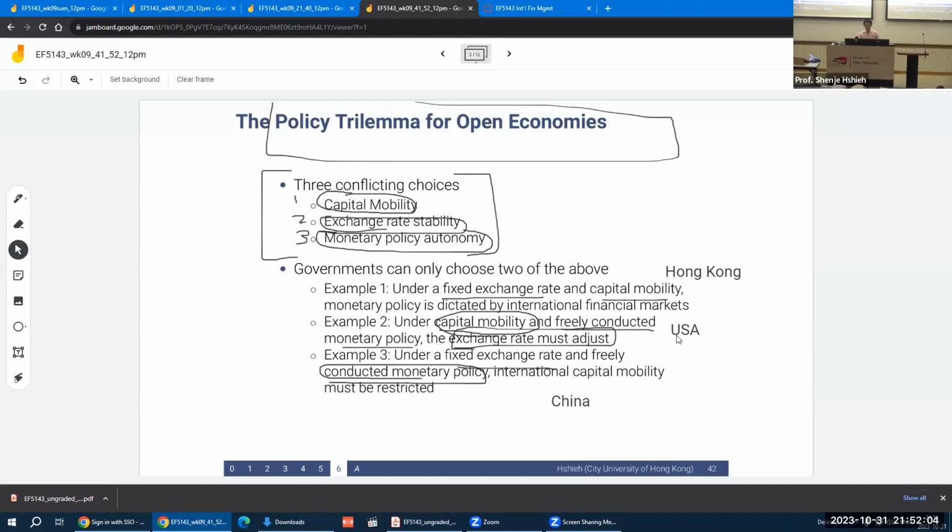So all these things will make the currency float to whatever value it could be, and they're not going to exert any effort to maintain the exchange rate with any other country. And lastly, if you choose a fixed exchange rate and independent monetary policy, then you have to control capital moving in another country. Otherwise, the exchange rate will break. So that's China.